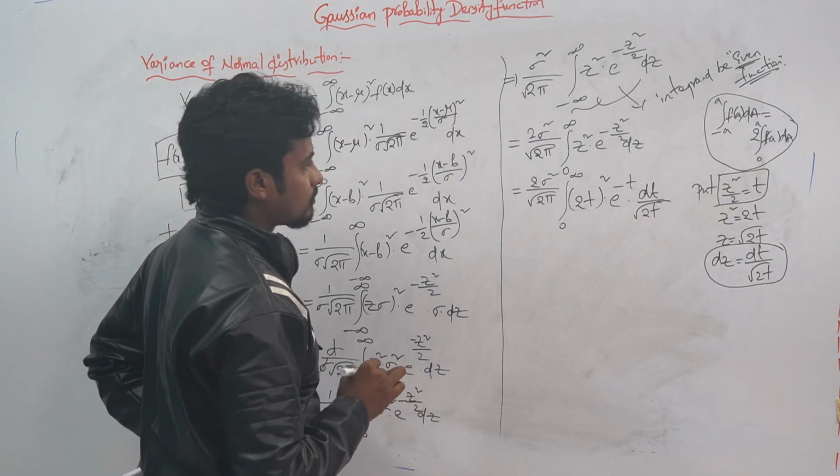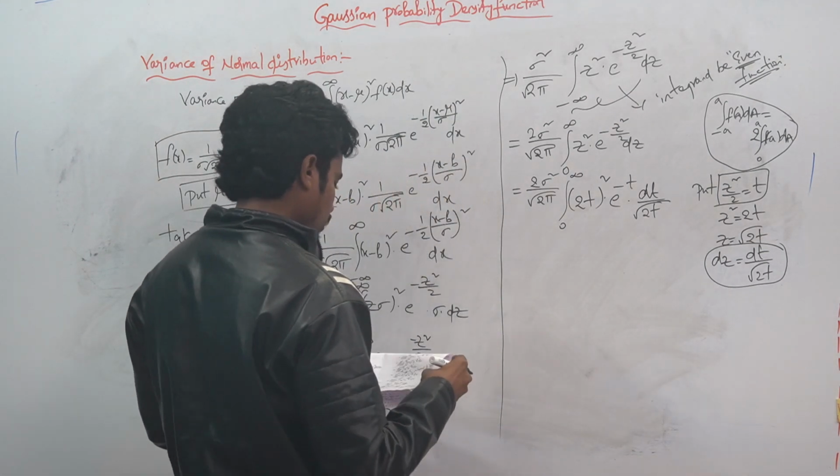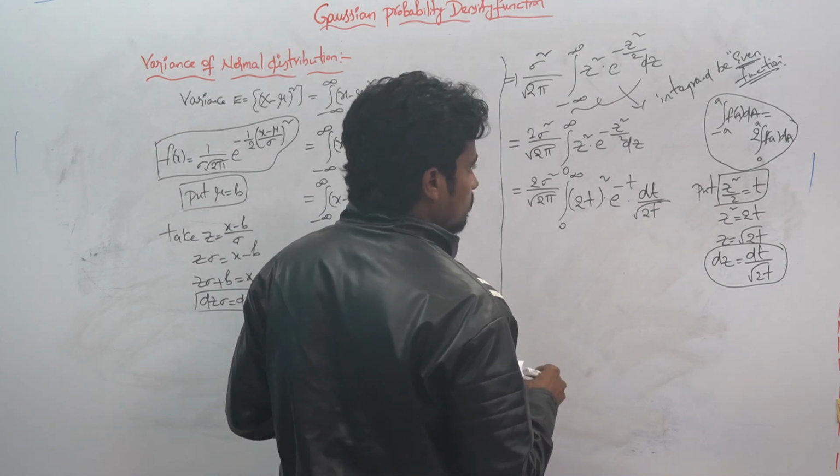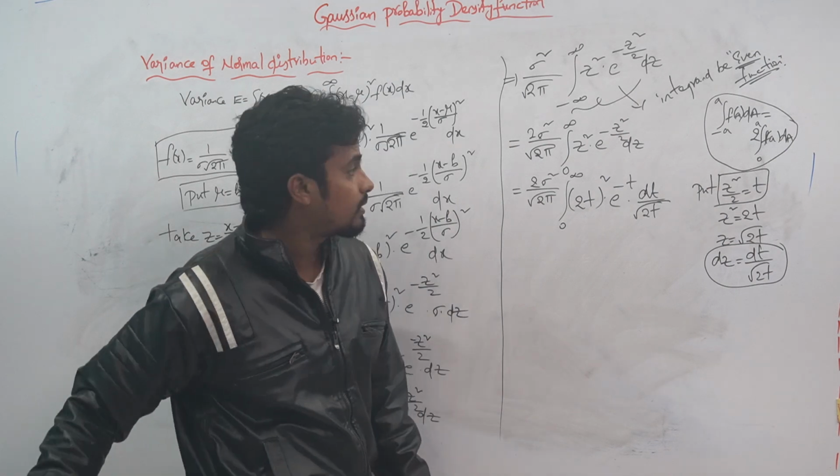And here, how much will you take? z square means directly 2t, right?